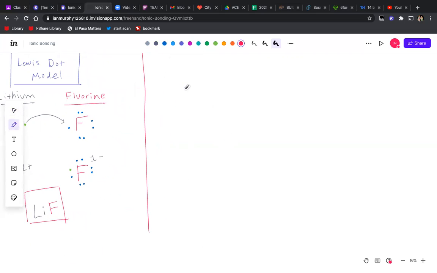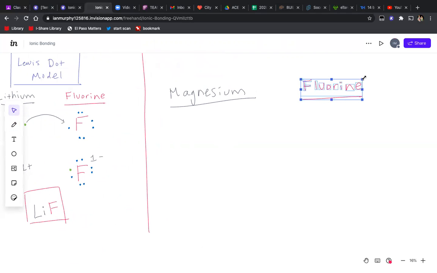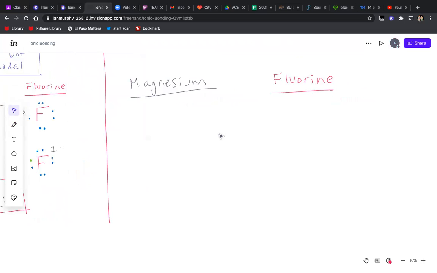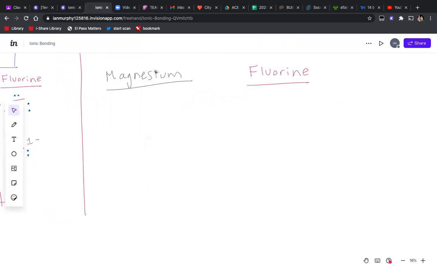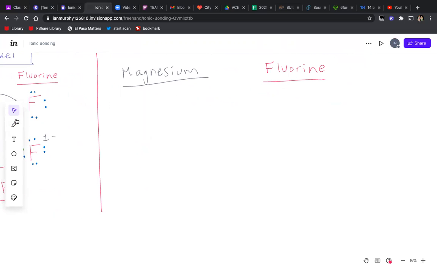So we have magnesium, and then I'm going to take fluorine again. Make this a little bit larger. And we have that, so magnesium and fluorine.